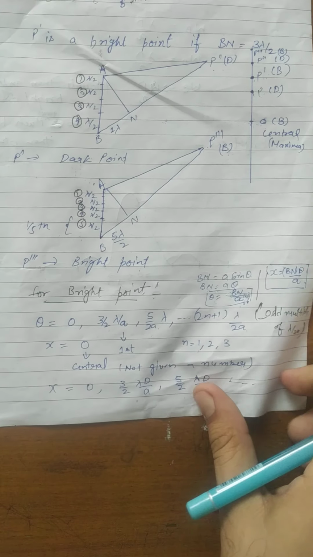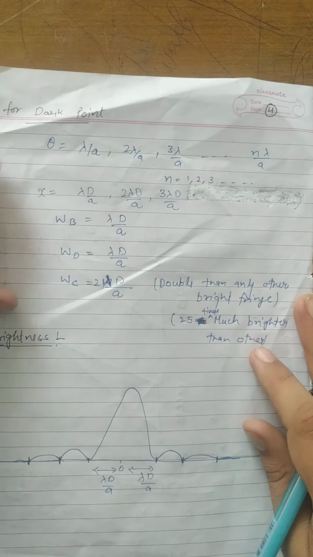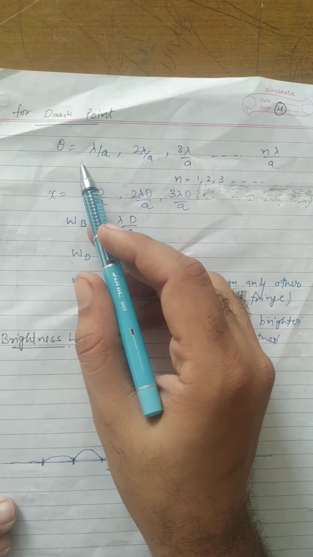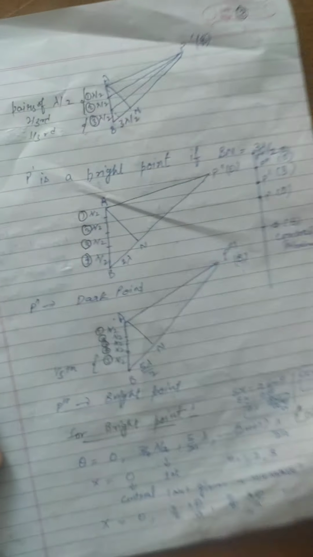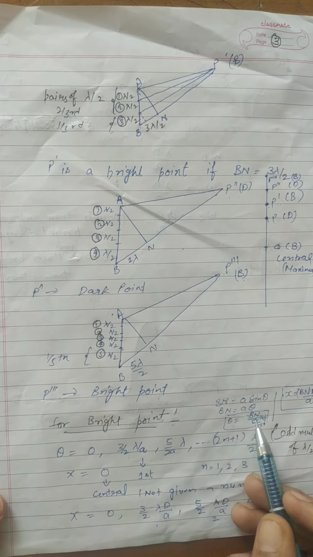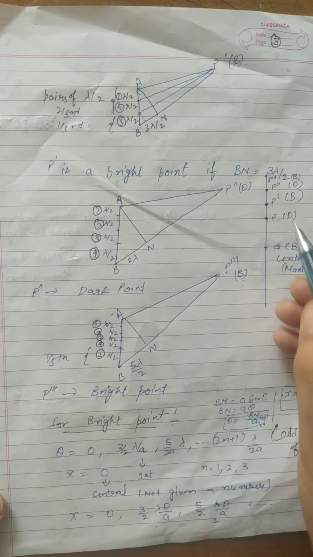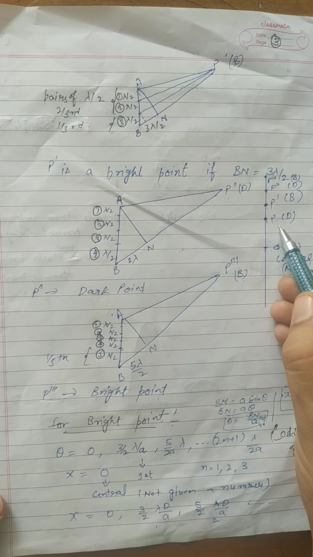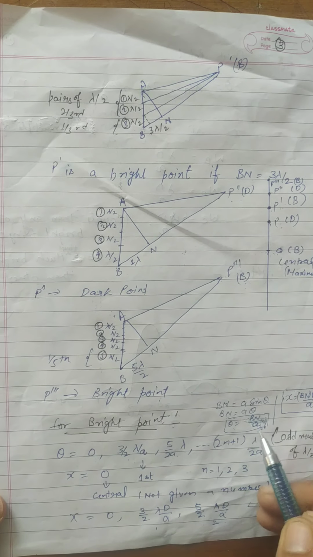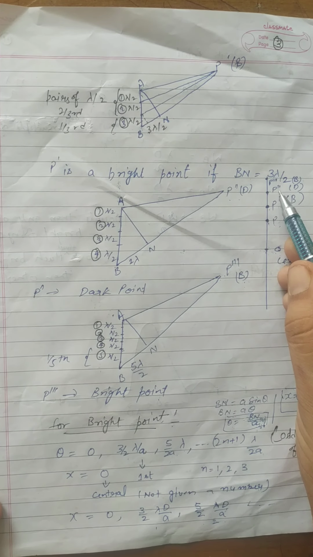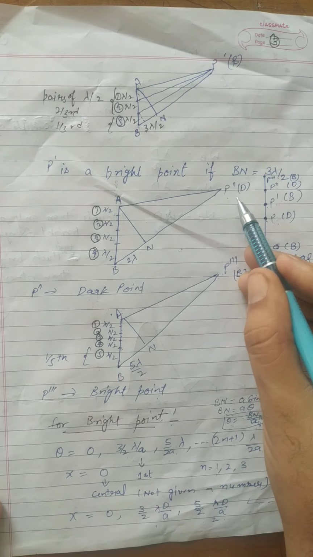Similarly we do for the dark points. See this, we put the value of bn by a for the first darkest point, that is your P. What is the value of P? Here P is lambda, so lambda by a. After that the second dark point is the P double dash, that is this one.